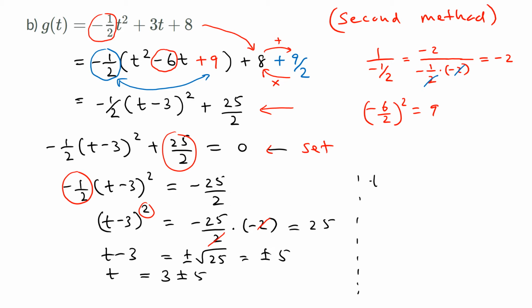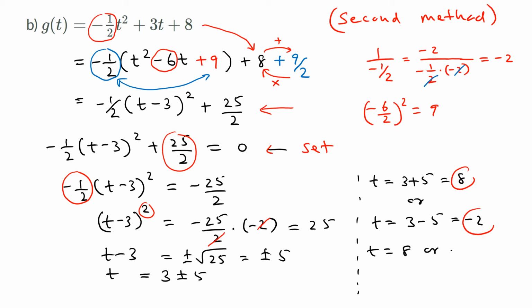So t equals 3 plus 5, which is 8, or t equals 3 minus 5, which is negative 2. So these two are the answers. You're going to get t equals 8 or negative 2 as the answers. Good. So that's about that. So let's go to the next problem.